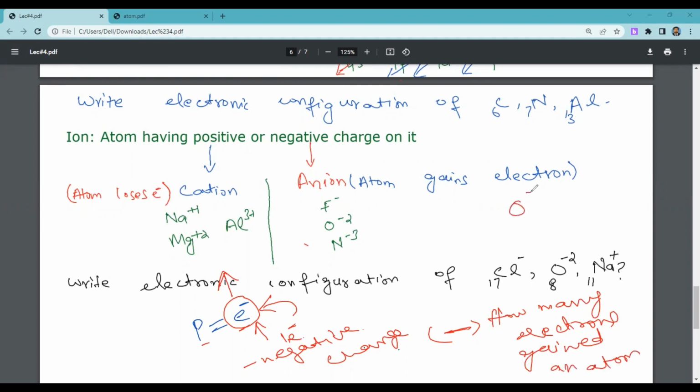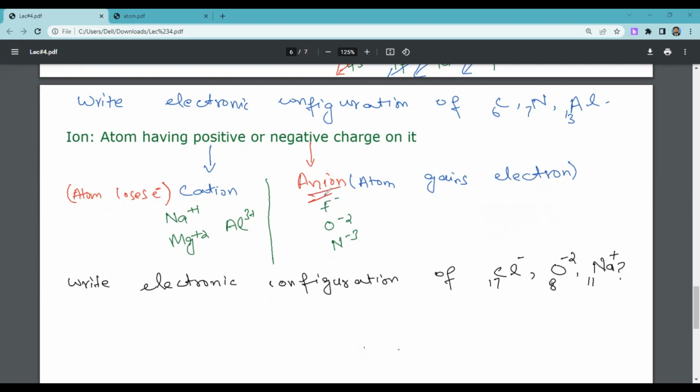If I say O2 negative, atomic number 8, it indicates that 8 electrons were present in oxygen, and the 2 negative indicates that 2 more electrons are added. Therefore, the total number of electrons will be 10 in O2 negative. I hope now you have an idea how to write the electronic configuration of an anion, and what the positive and negative charges indicate.